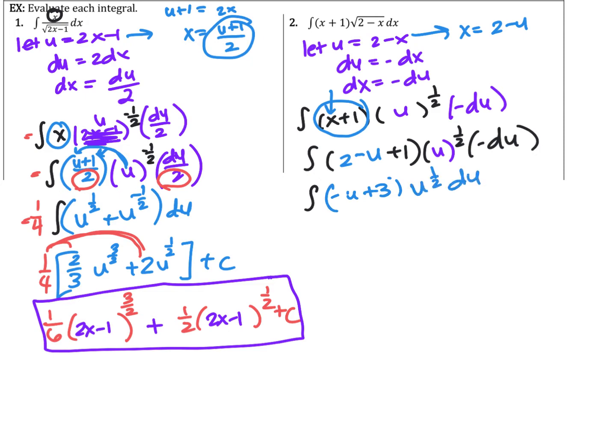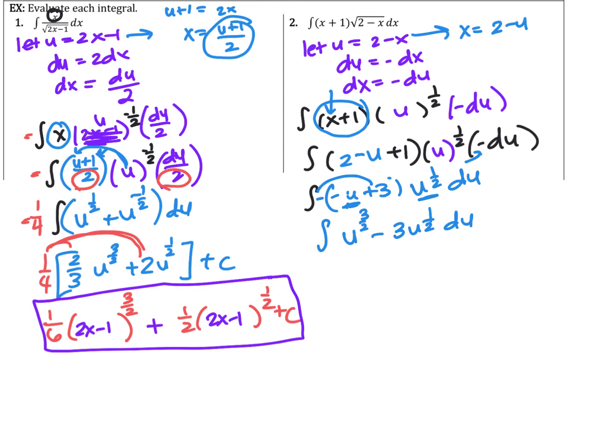And this negative sign, I'm going to put it in front here. And now I'm going to simplify. So negative times a negative is a positive, and negative u to the first and u to the 1/2 is going to become positive u to the 3/2. Minus, because I'm distributing this negative sign, 3u to the 1/2 power du.